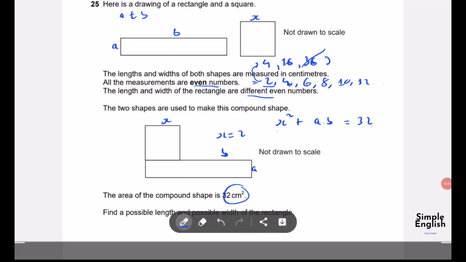If x is 2, then this one is 4 plus A times B equal to 32, and then A times B is 28, right? Remember they are even numbers, and A is different, it means A is less than B, no? Because it's the width and the length. So A must be 2 and B must be 14.